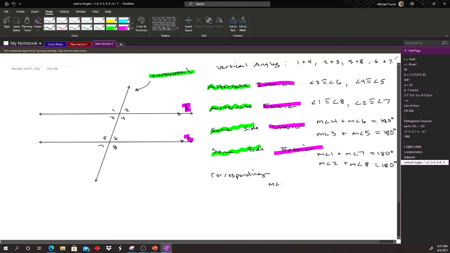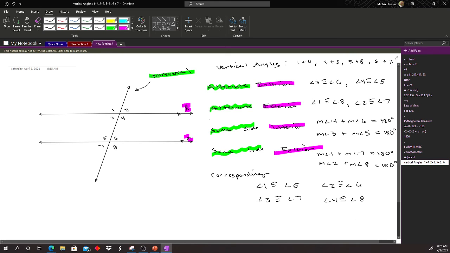So, angle 1 is congruent to angle 5, because they're both in the top left. 2 is congruent to 6, both in the top right. 3 and 7 are congruent, both in the bottom left. 4 and 8 are congruent, both in the bottom right.